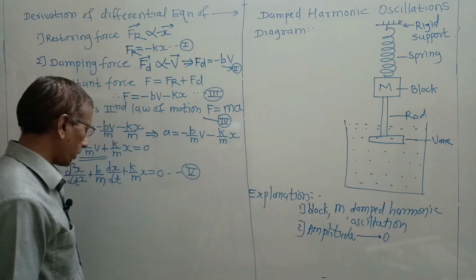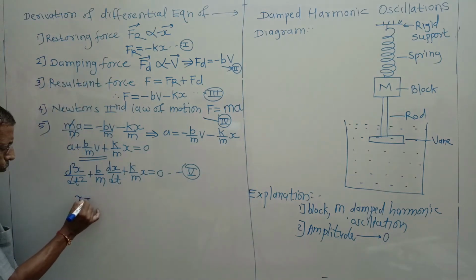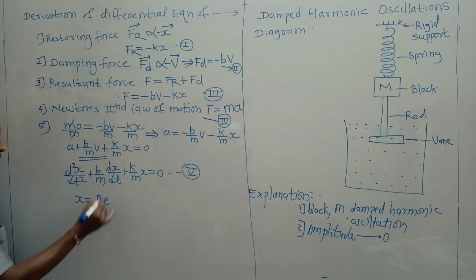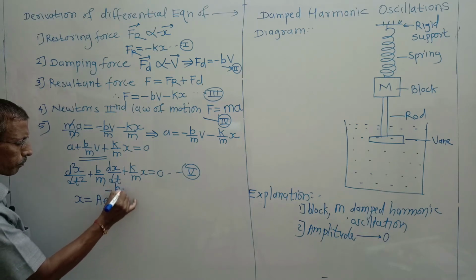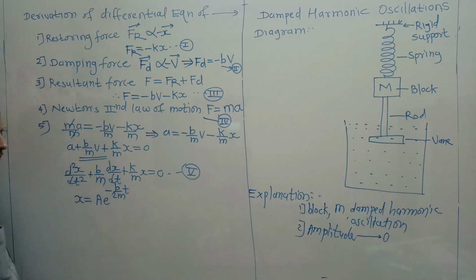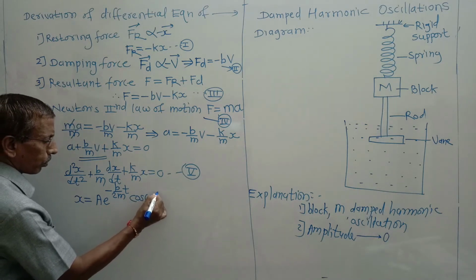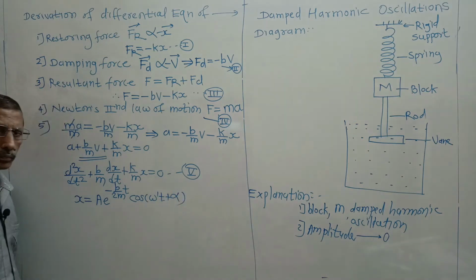So we can write the solution of this differential equation for a damped harmonic oscillation as x is equal to a into e raised to minus b by 2m into t into cos of omega dash t plus alpha.